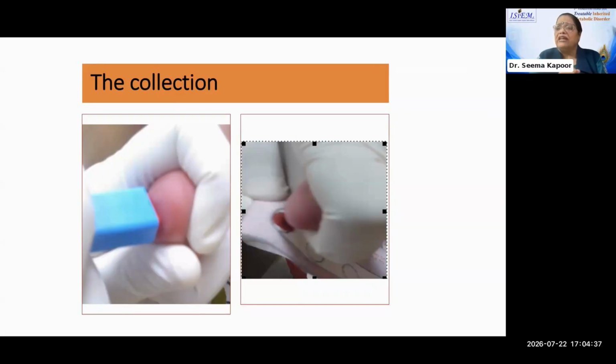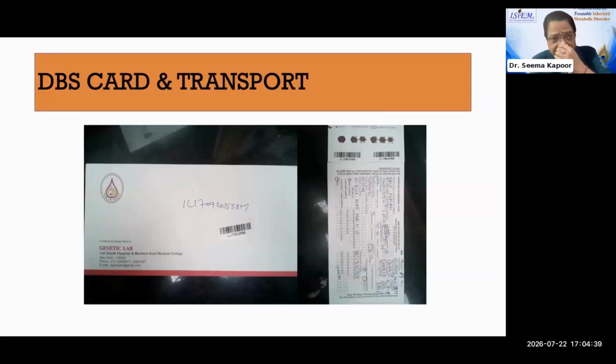The blood is so cohesive that it will come and fit into the filter paper, and this is what it looks like. Now, a very important thing you must have noticed is something black here. Those bars. These are the bars of anonymization. So what will be done at the lab is the demographics will be separated from the blood spot.